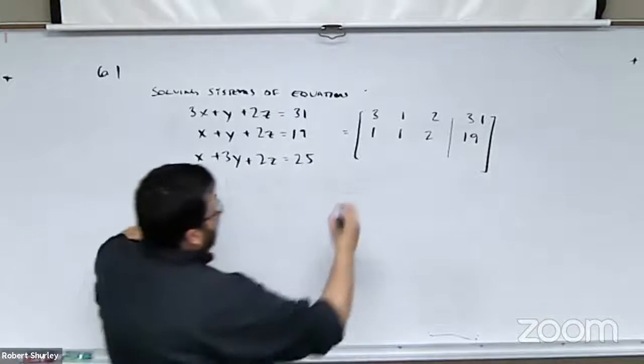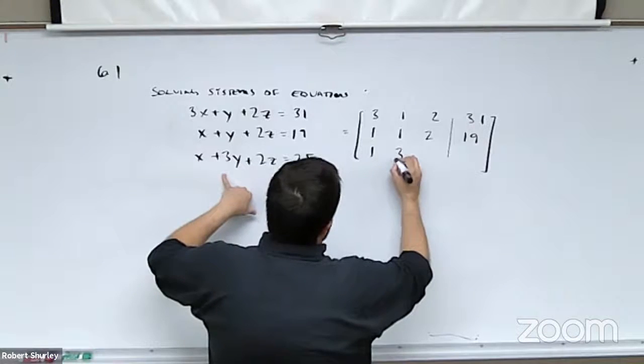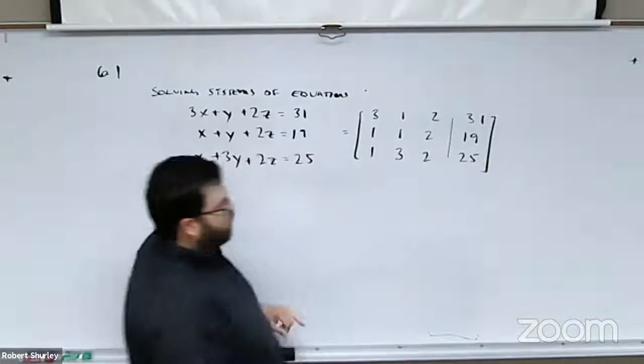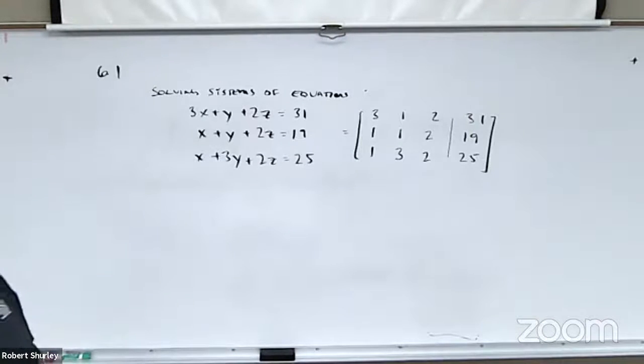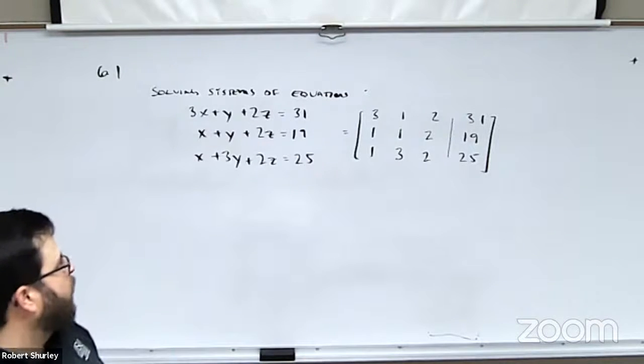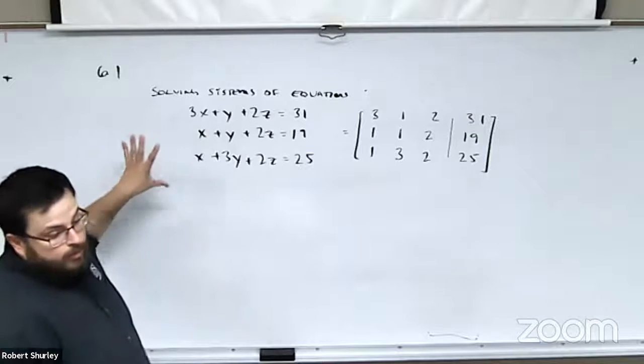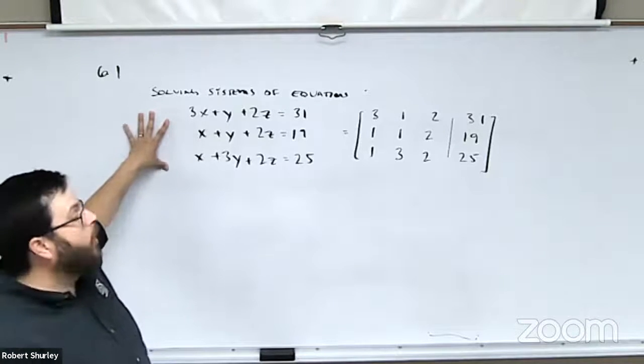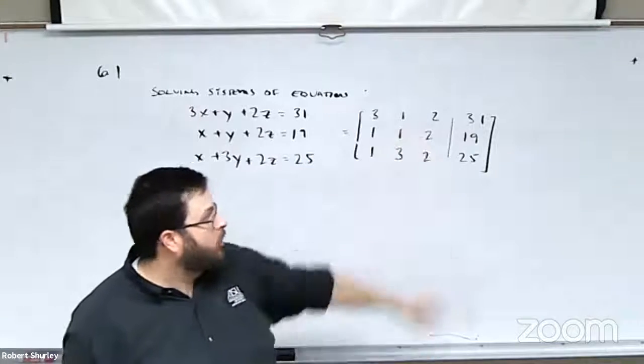And then lastly, we've got 1x plus 3y plus 2z equals 25. So again, three equations written as a matrix look like that.